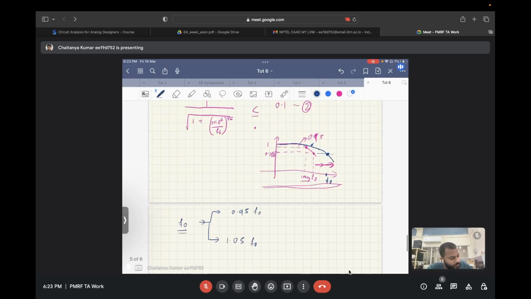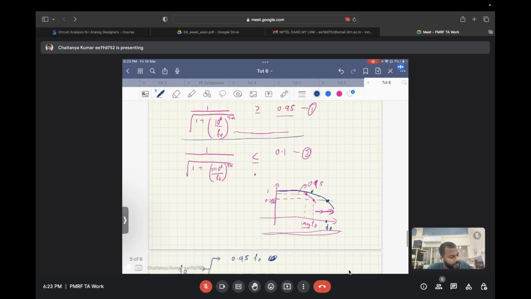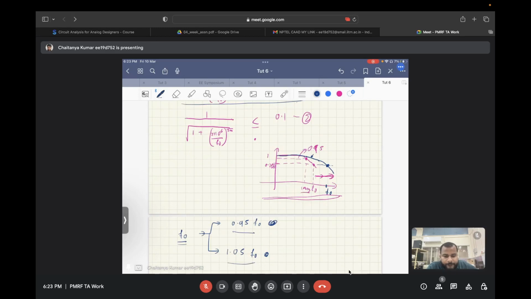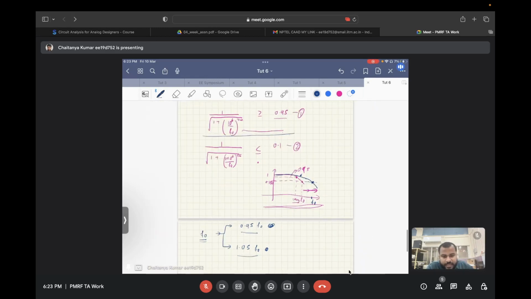So which of these will be a problem for our first constraint, 0.95 times F naught or 1.05 times F naught? 0.95 F naught, sir. Correct. This will create your worst case.